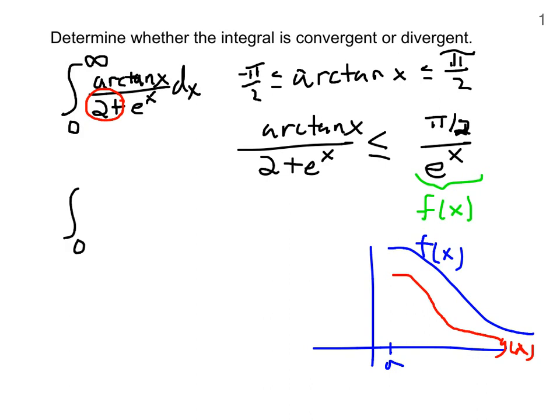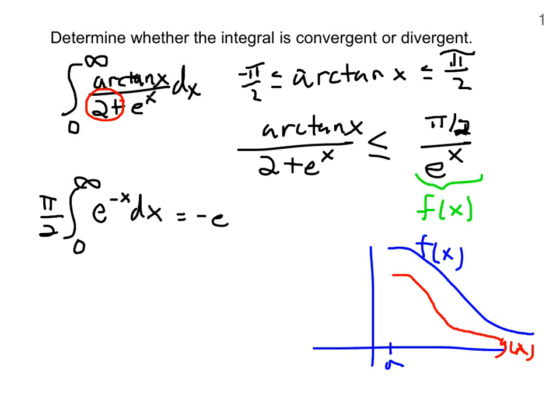The integral from 0 to infinity, pull the pi over 2 out. And then have e to the negative x dx.